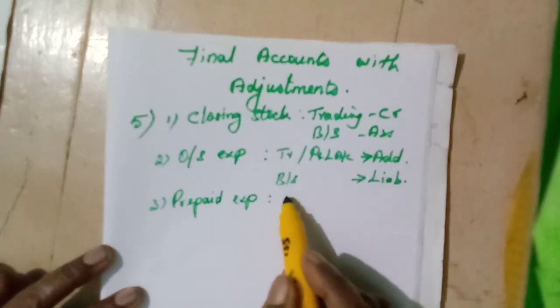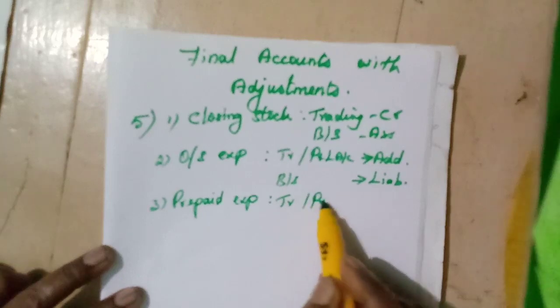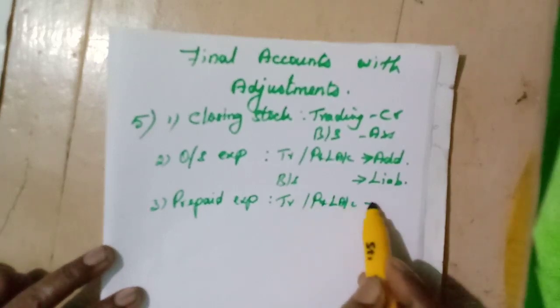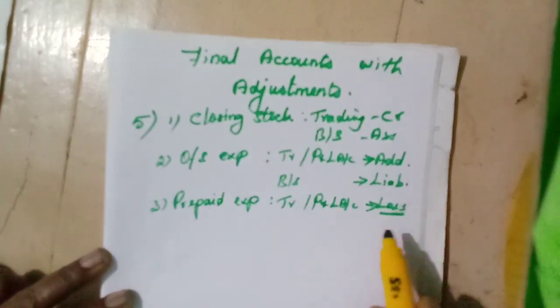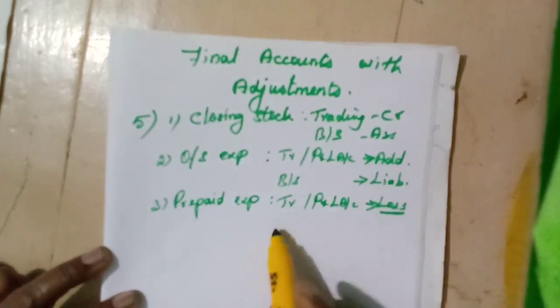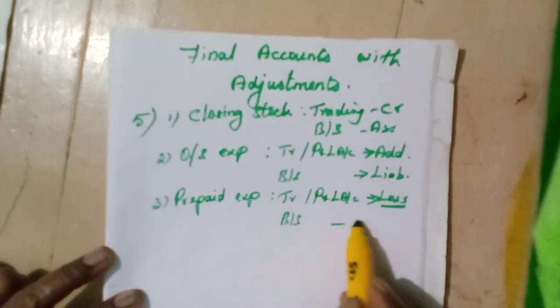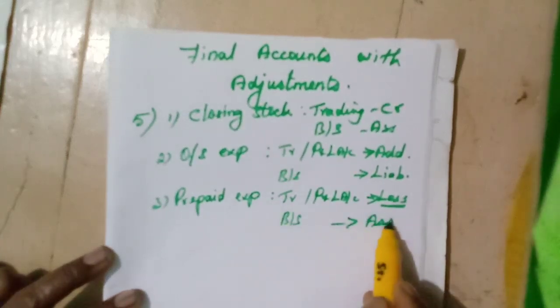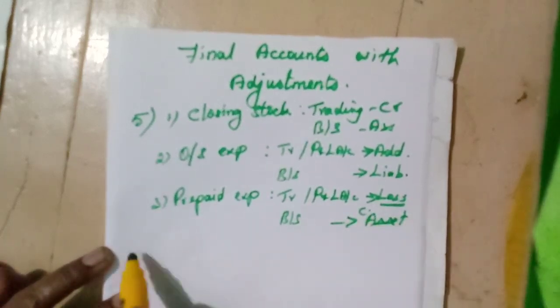Prepaid expenses also may appear in the trading account or profit and loss account. We should deduct, less from the concerned expense, and in the balance sheet it is an asset, current assets.